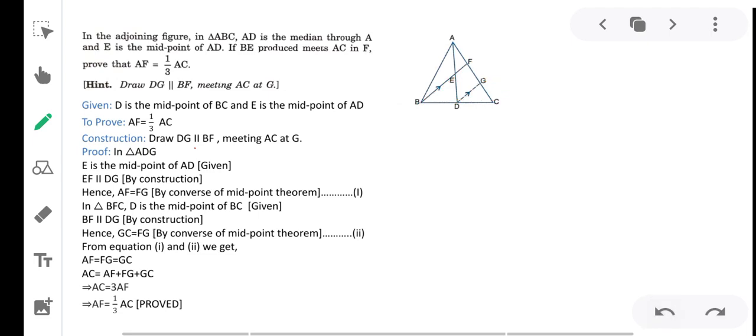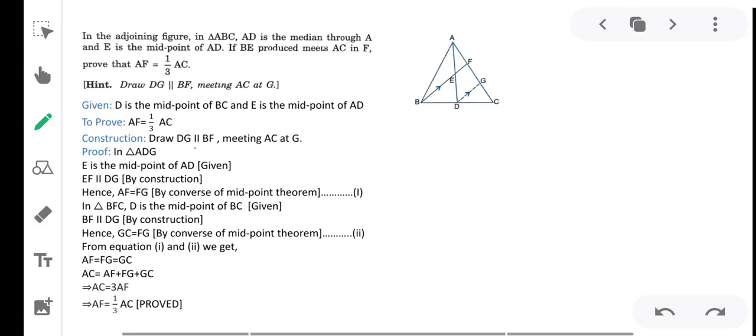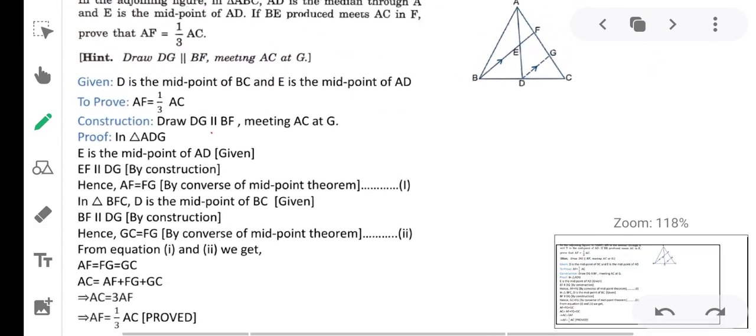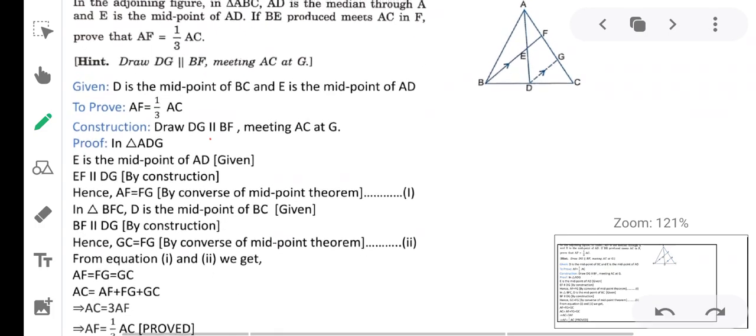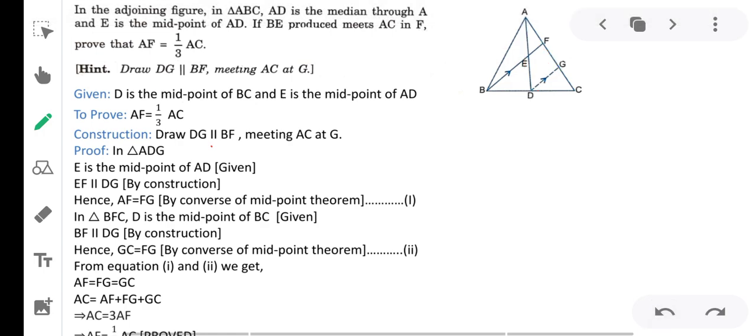Okay, now coming to proof. In triangle ADG, E is the midpoint of AD, that is given. And by construction EF parallel to DG.